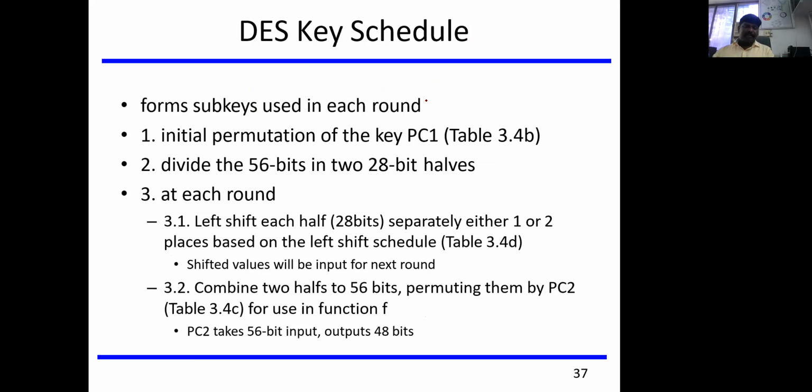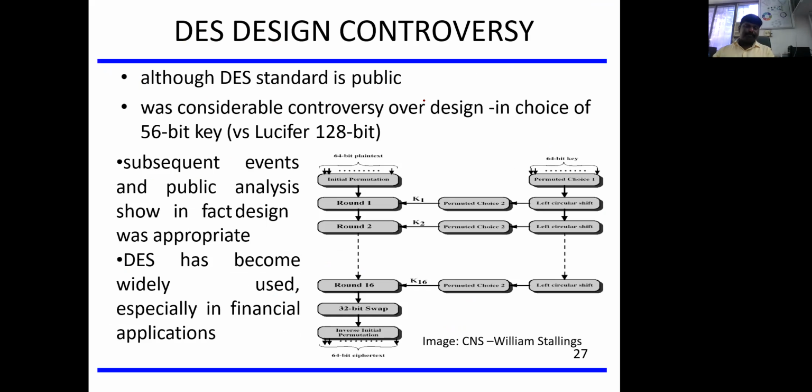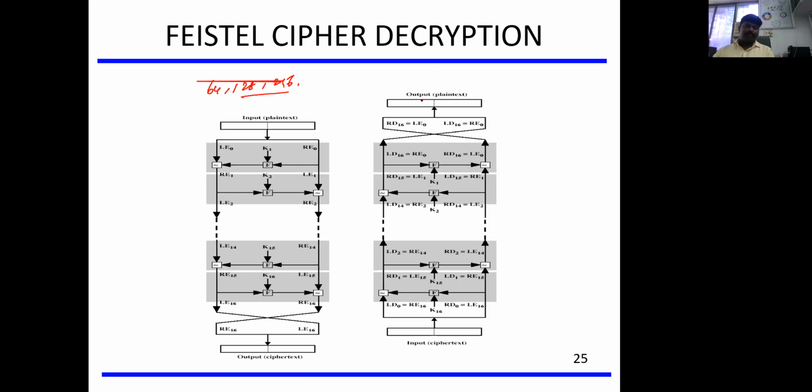If I explain with the diagram, in decryption, whatever input you receive as the ciphertext is processed in reverse, starting from the 16th round. In the encryption, we started with round 1, round 2, round 3, round 4, till round 16. But when it comes to decryption, it considers the rounds starting from the 16th round.